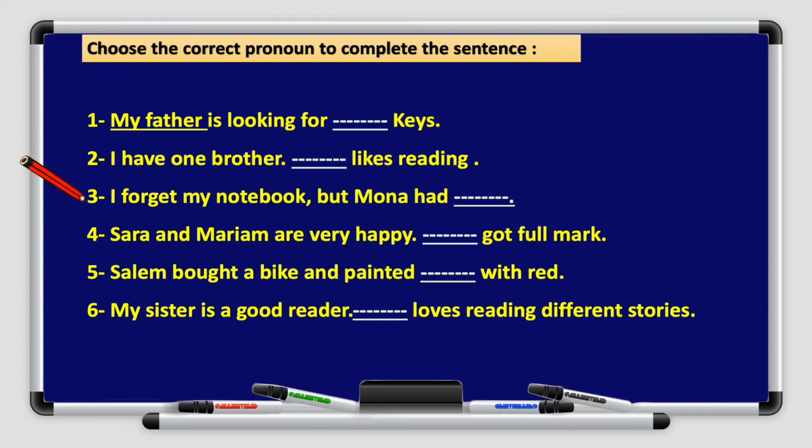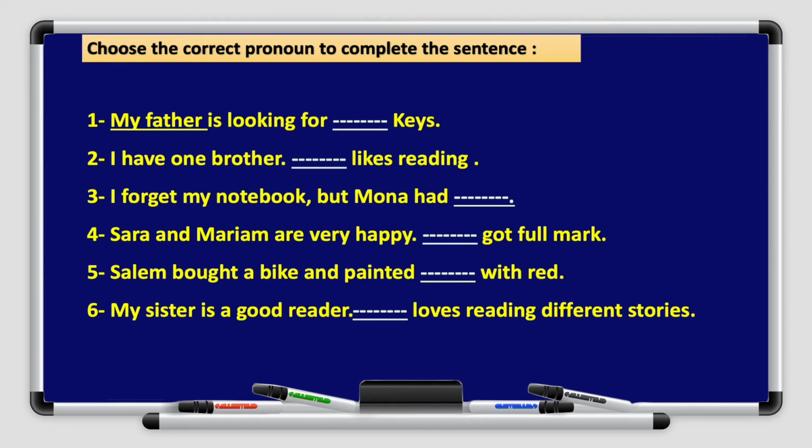I forgot my notebook, but Muna had. 4. Sarah and Maryam are very happy. Got full mark. 5. Salim bought a bike and painted with red. And the last one, my sister is a good reader. Loves reading different stories. Here, don't forget to concentrate on the noun which you need to avoid repeating.